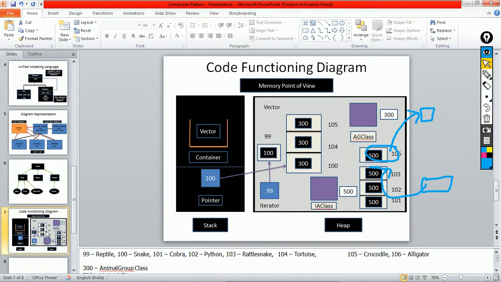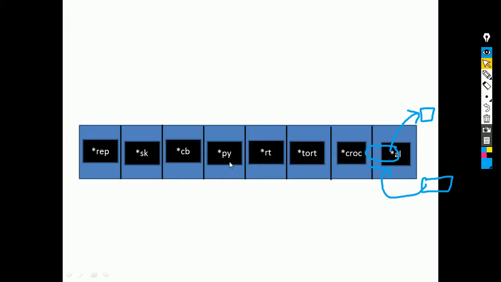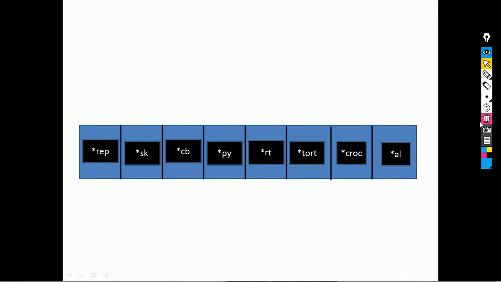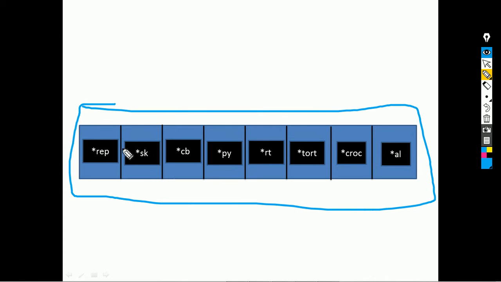Okay, so finally, this is how it looks in the memory part. The pointers are stored in this order. I'll be showing you the code, just a minute.